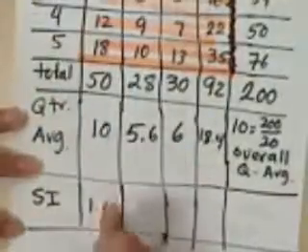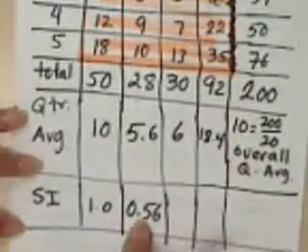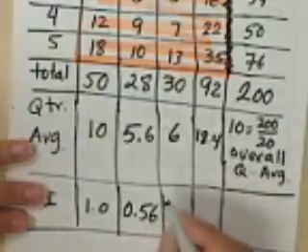So quarter 1 is average for the year. 5.6 divided by 10 is 0.56. So quarter 2 is at 0.56. If 1 is the base for the year or the average for the year, quarter 2 is about 44% below the average. Sales for quarter 2 are about 44% below the average for the whole year.